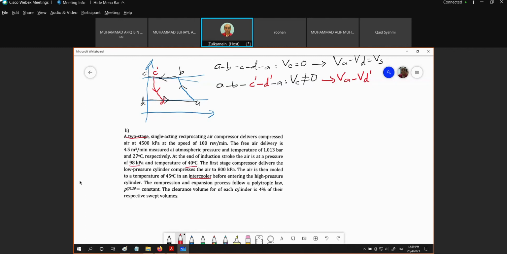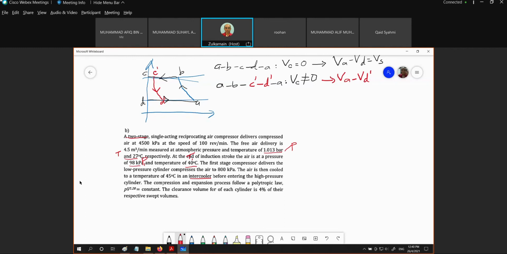This is the P1, T1. And this one is 1.013 and 27. This should be our P and T. This is our T1. This is our P1.